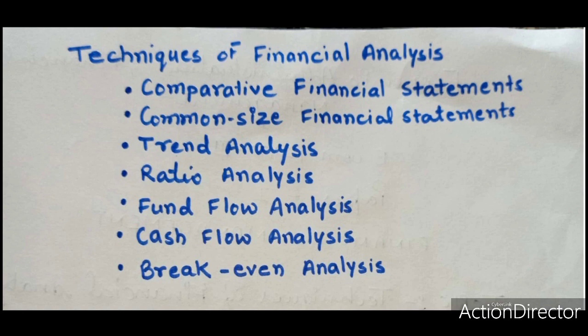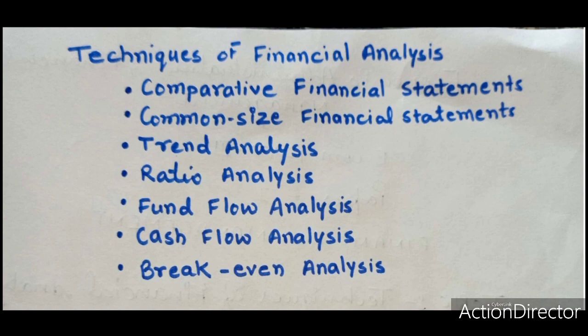Procedure for preparation. Common size statements include common size balance sheet and common size P&L account. In order to prepare common size statements, first the total assets, total liabilities, capital and total net sales are assumed to be equal to 100.